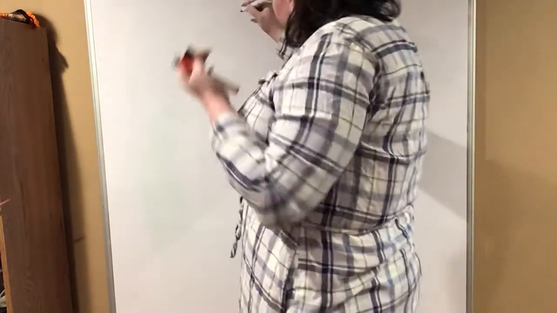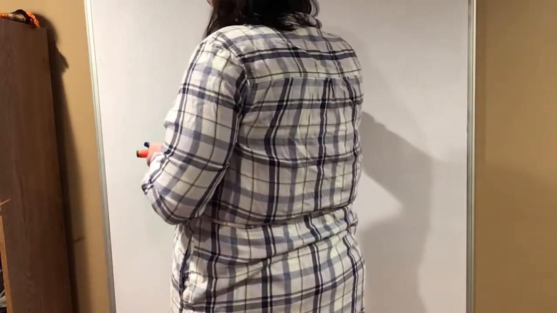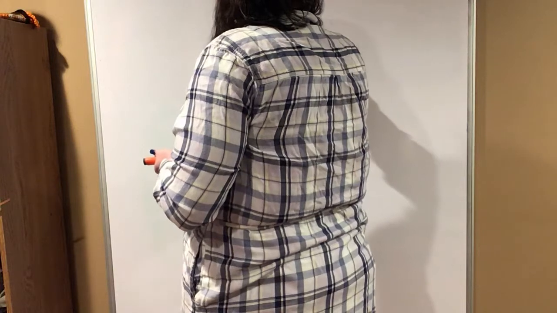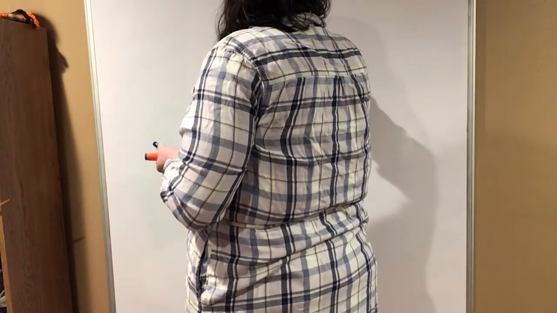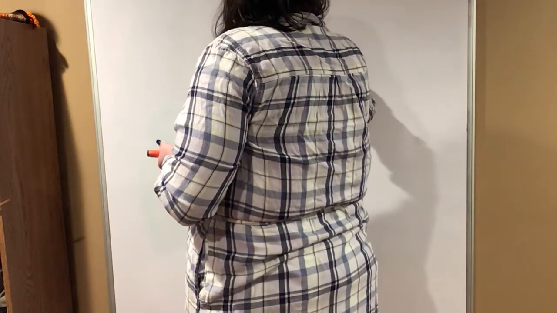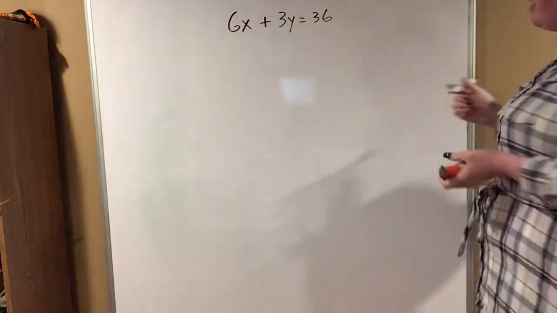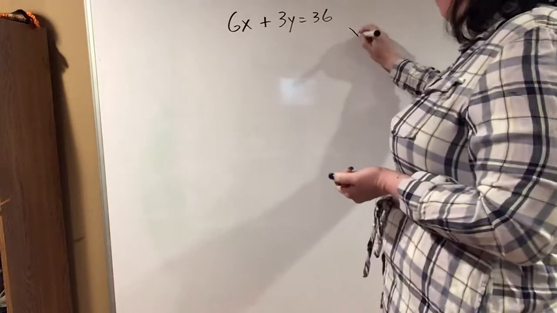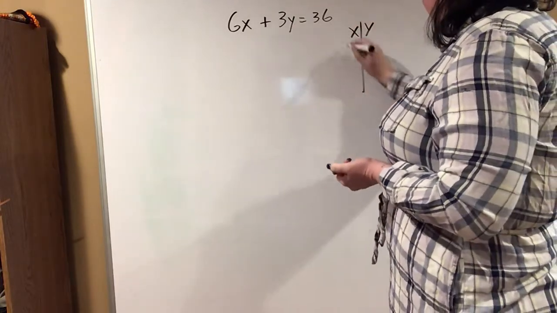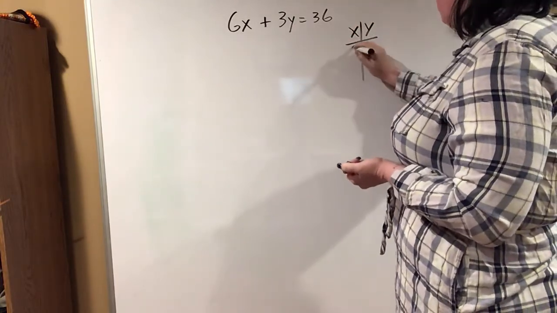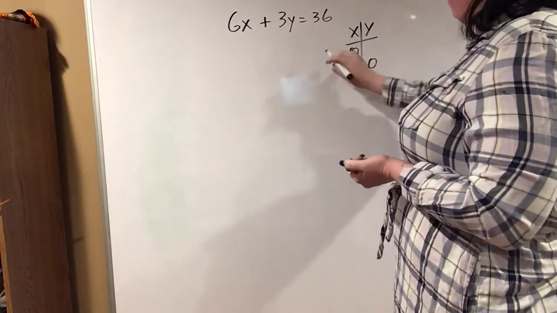So let's do 6x plus 3y equals 36. Let's find our intercepts. I like to draw a t-chart when I'm doing these ones, because then I'm like 0 and 0.